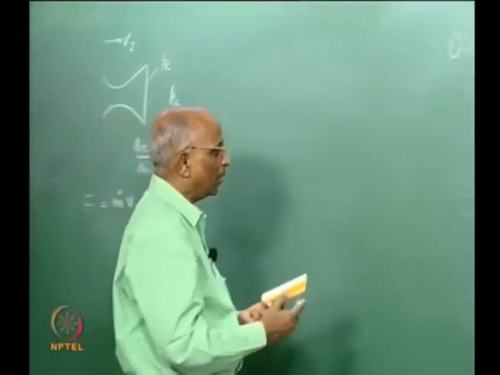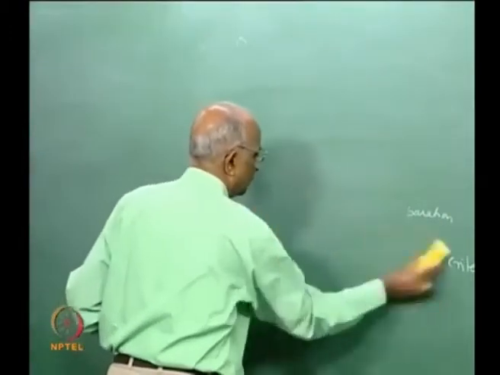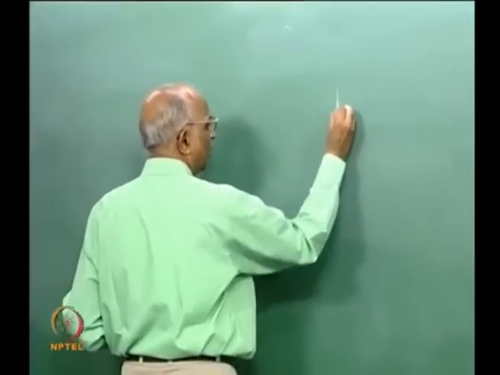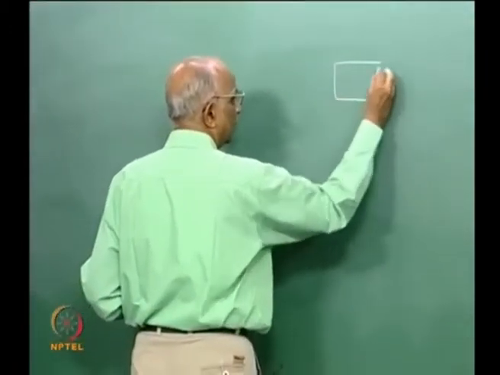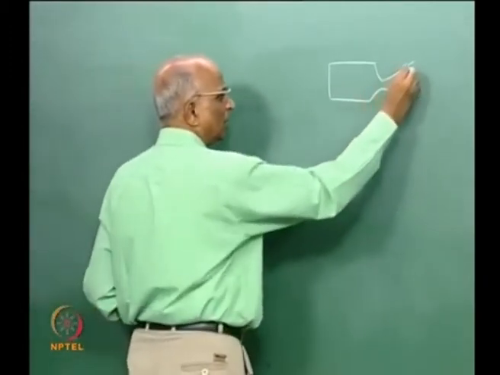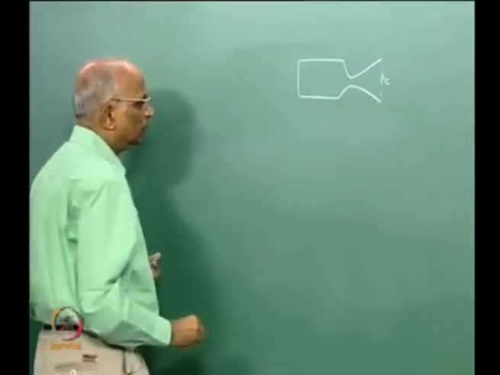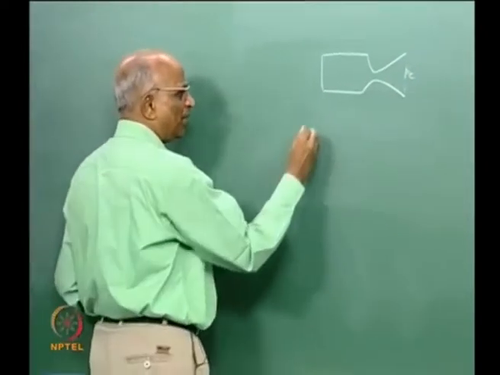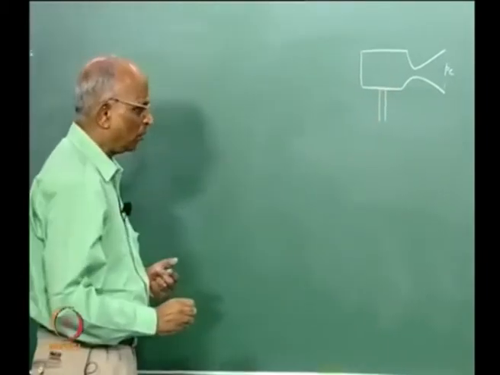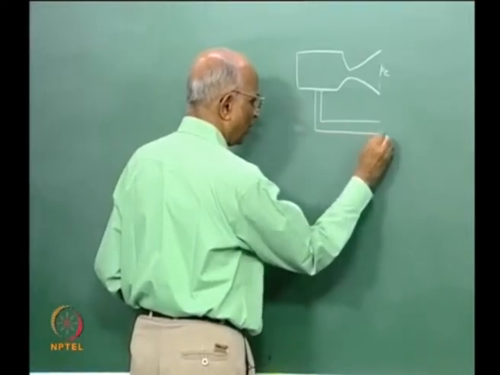Let us put the diagram down. We again start from basics. Let us imagine I have a rocket here, I have a nozzle here. Let the nozzle exit pressure be Pe. Now I want to find out what force is generated. Therefore, I clamp the rocket on the ground and attach it to a fixture over here.